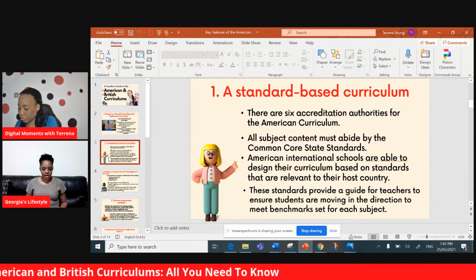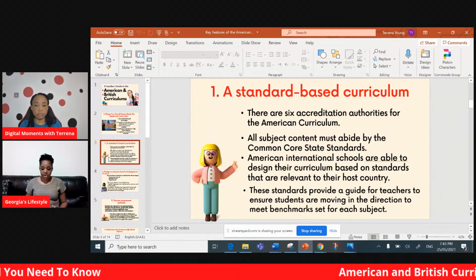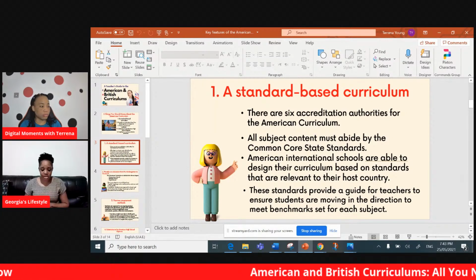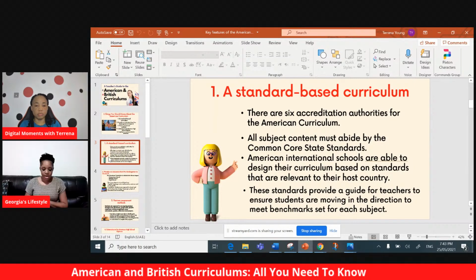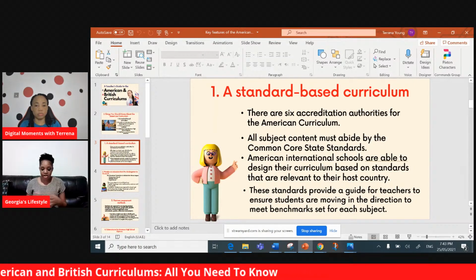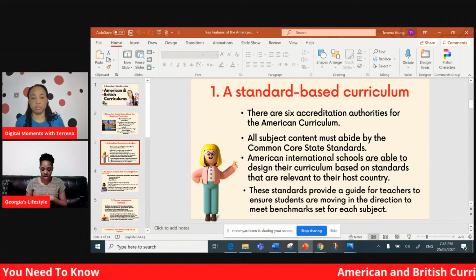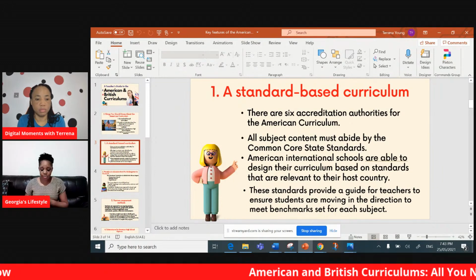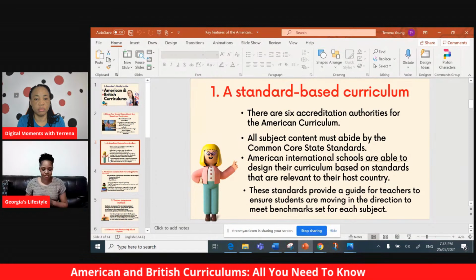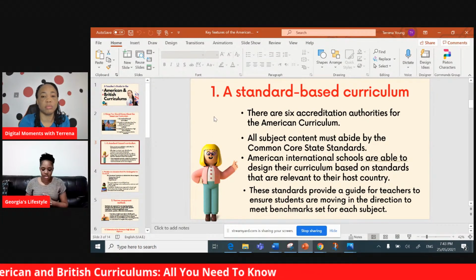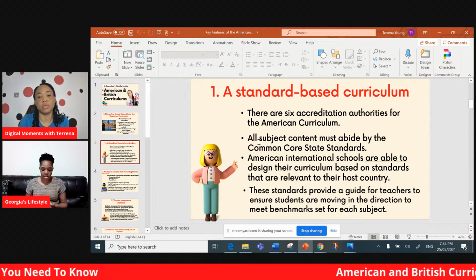All right. Yes. So of course, as mentioned, the American curriculum is a standard-based curriculum, and firstly, it provides an education from pre-primary or kindergarten, as you might call it, right up to grade 12, and all subjects, of course, have to relate to the Common Core state standards.